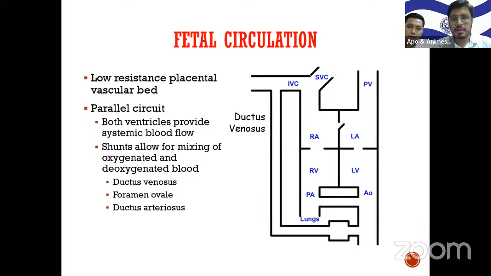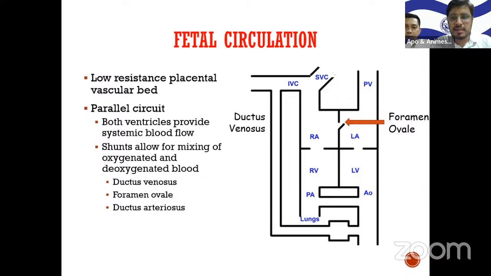As we can see, this is a schematic diagram of fetal circulation, and here we can see the shunts. The first shunt is the foramen ovale. It is essentially a one-way valve between the right atrium and left atrium. This is a flap valve, and it allows only one-way blood flow from the right side to the left side.